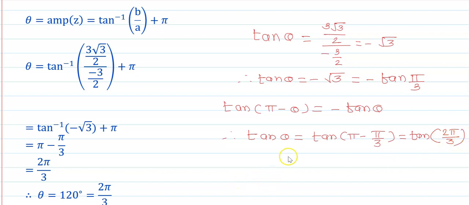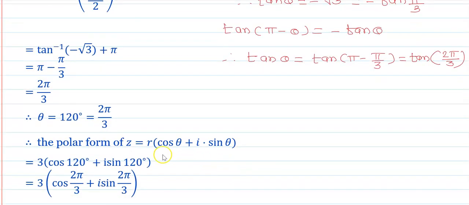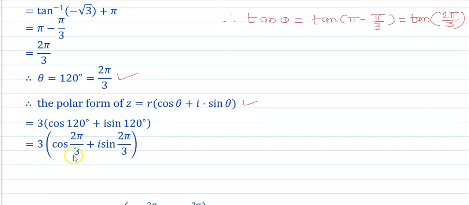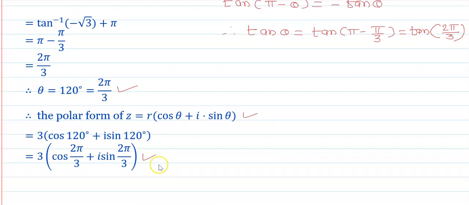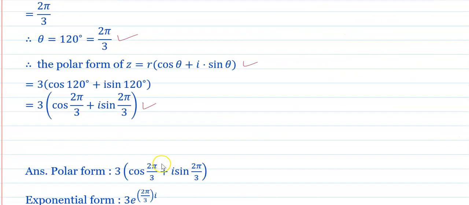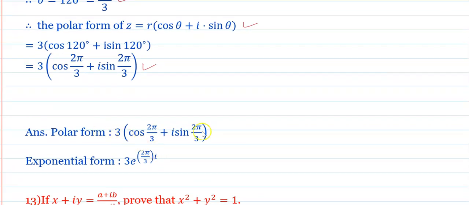You can find out the theta in this way also. And hence theta is equal to 120, that is 2 pi by 3. Therefore, the polar form of z is r cos theta plus i times sin theta, that is 3 cos of 120 plus i times sin of 120, that is 3 cos of 2 pi by 3 plus i times sin of 2 pi by 3. In this way we have expressed it in the polar form.